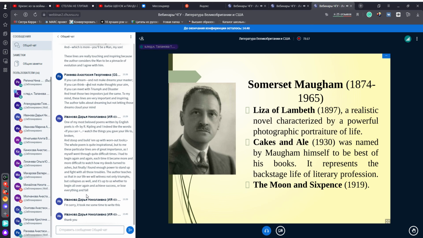characterized the experience of the author. Cakes and Ale, that was written in 1930, was named by the author himself to be the best of his books.